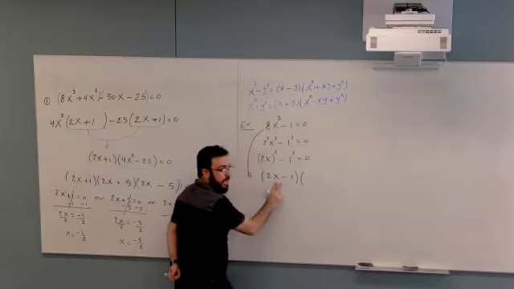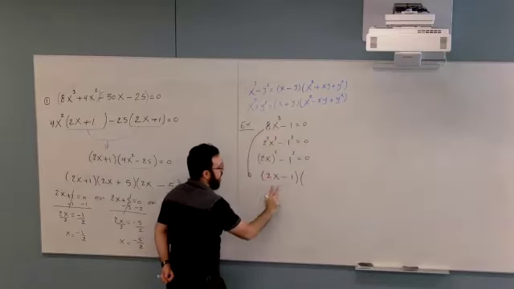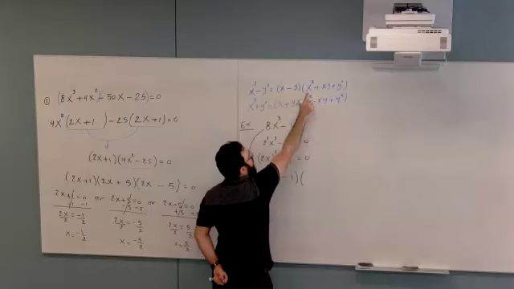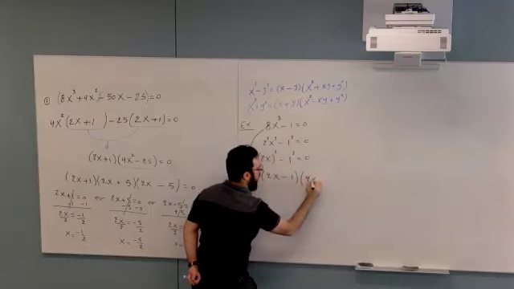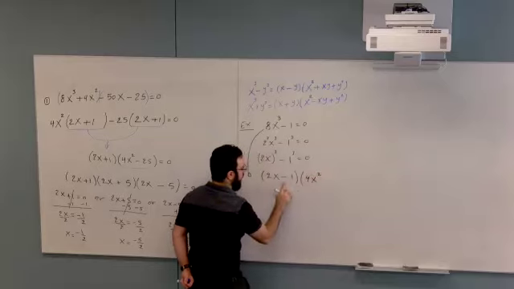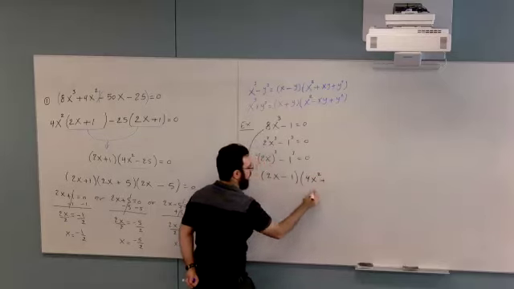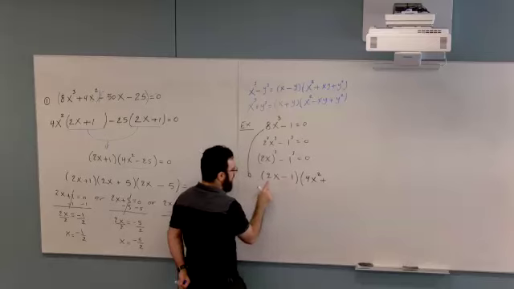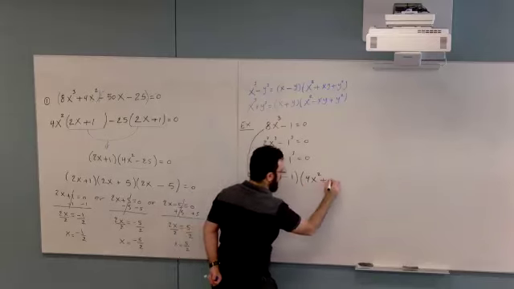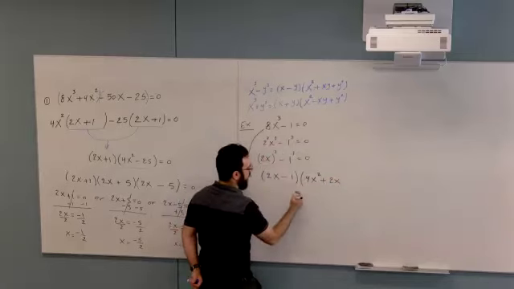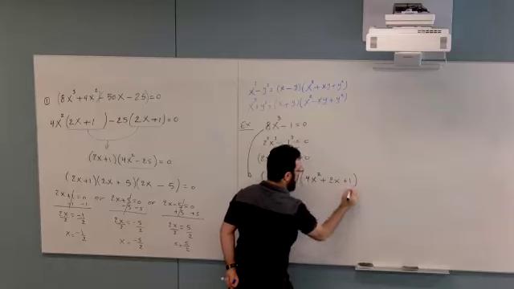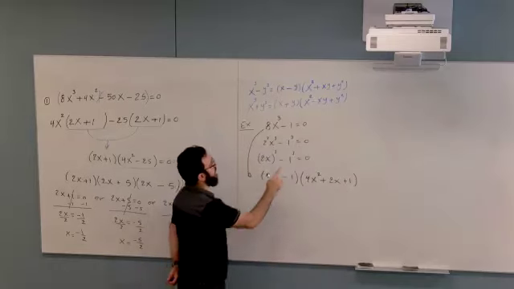I'm done from this part. The first one squared. So what's the first one squared? 4x squared. The opposite of this sign, the first one times the second one, which is 2x. What else? The second one squared, 1. Don't forget, equals 0.